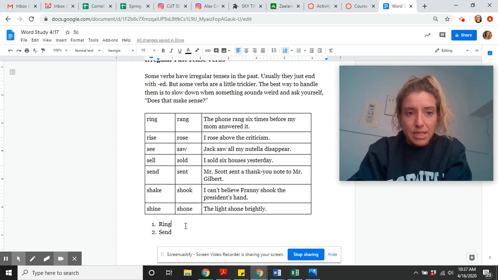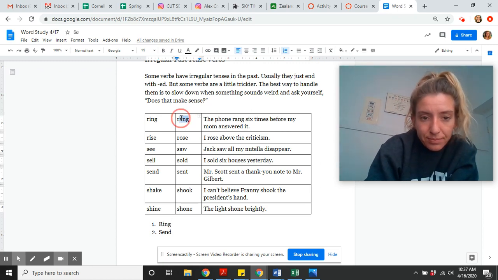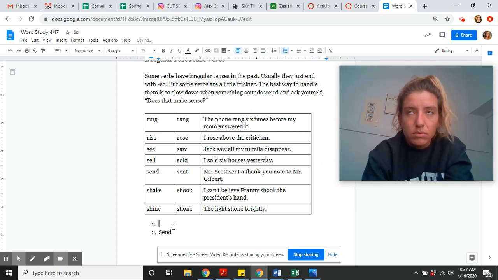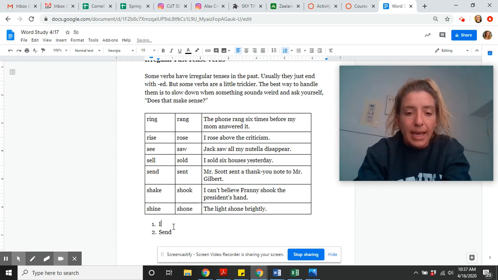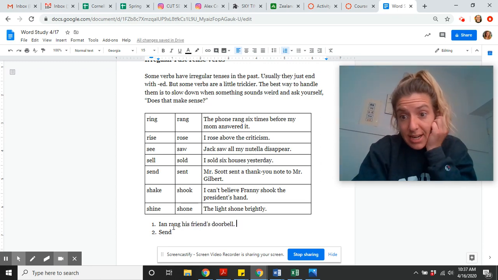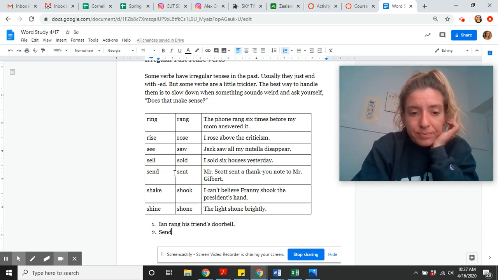So now we have to figure out a sentence for ring and a sentence for send. Let's check ring first. What's the past tense of ring? Rang. What can I write about one of you? Ian rang his friend's doorbell, because the past tense of ring isn't ringed, it's rang. What's the past tense of send?